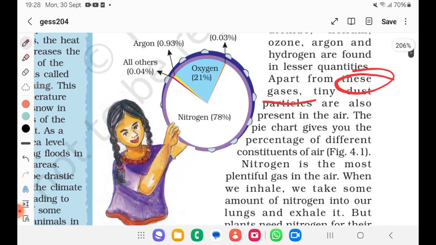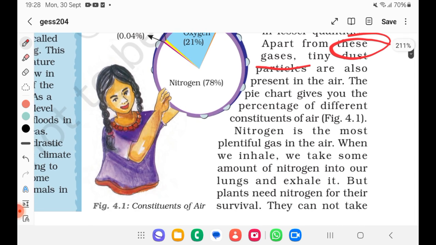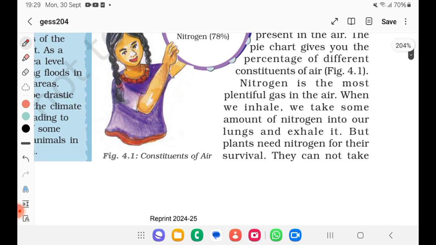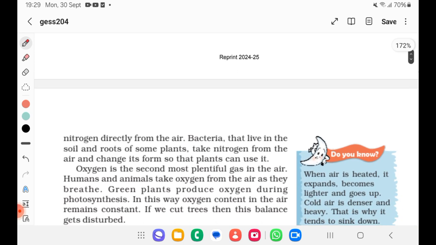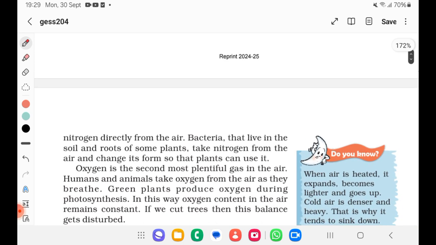The pie chart gives you the percentage of different constituents of air. Nitrogen is the most plentiful gas in the air. When we inhale, we take some amount of nitrogen into our lungs and exhale it. But plants need nitrogen for their survival. They cannot take nitrogen directly from the air.